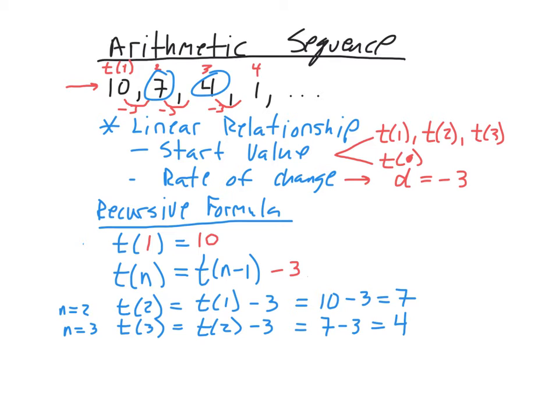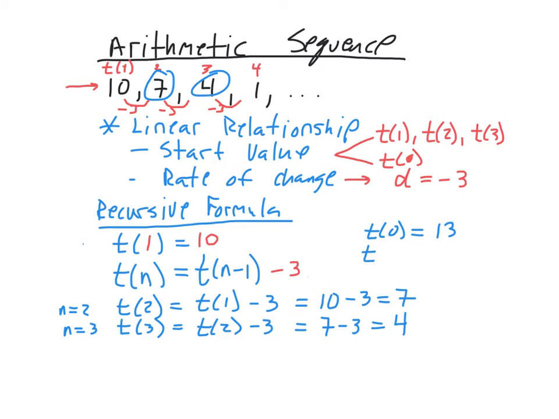But if I want to find it, all I have to do is go backwards, just like we did with tile patterns. If I have figure 1, and I do, it's t of 1, it's 10. Then I need figure 0. I go backwards. Well, if I'm subtracting 3 going forward, I add 3 going backwards. Therefore, t of 0 is equal to 13. 10 plus 3 going backwards.